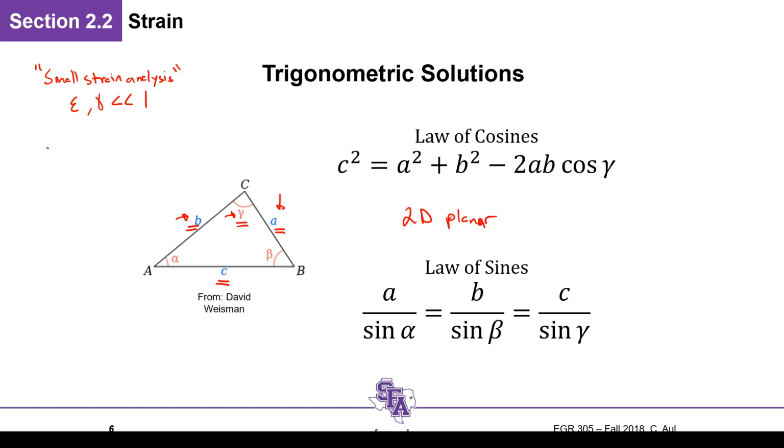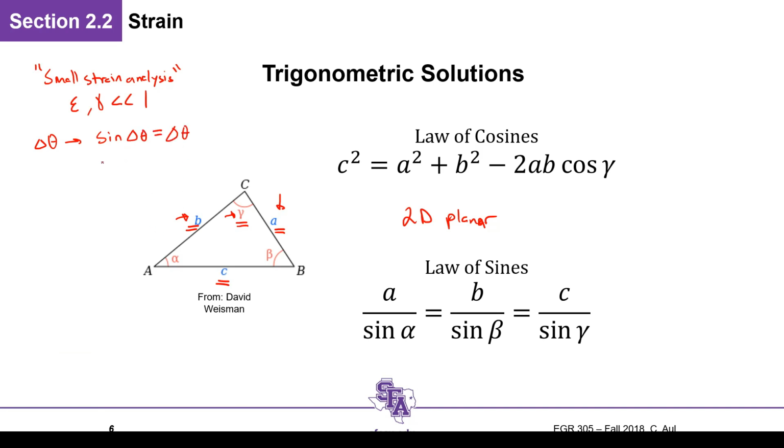where it says if we have a change in angle, delta theta, that is really small, then we could say the sine of delta theta should just be equal to delta theta, right?